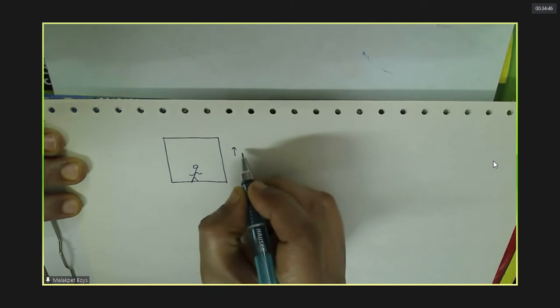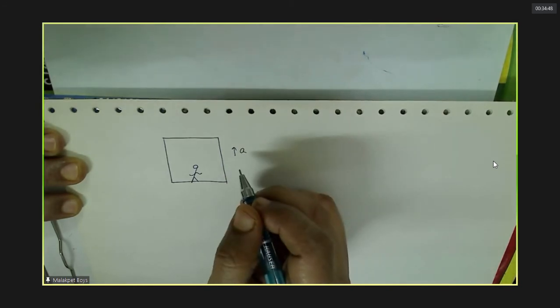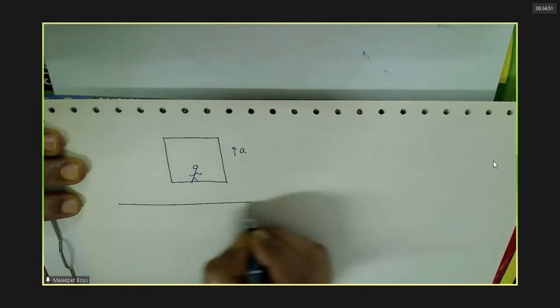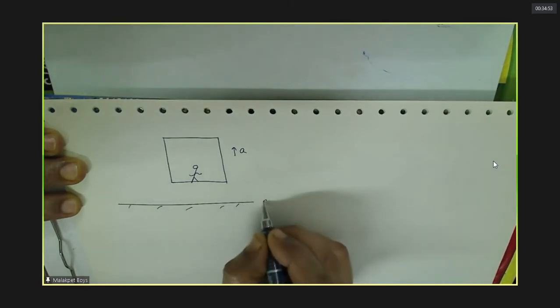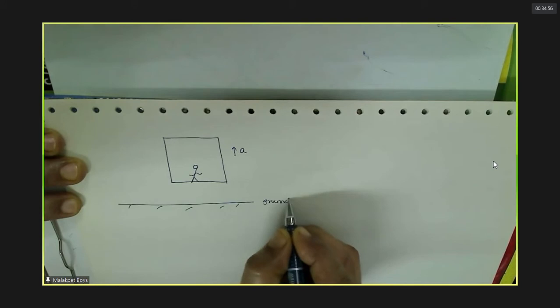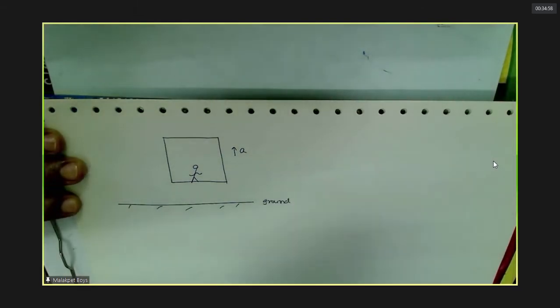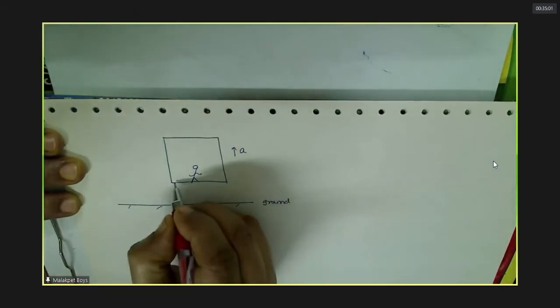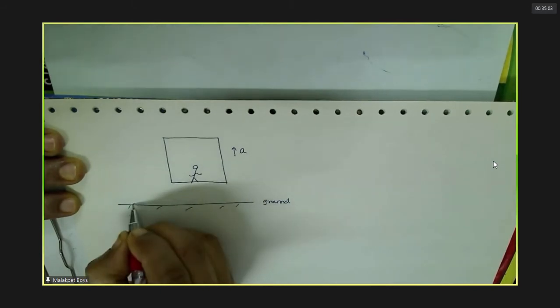Suppose this is an elevator or a lift. This is a man. This elevator is going with this acceleration. This is the ground. Now I am choosing two observers. One is here, the ground observer.